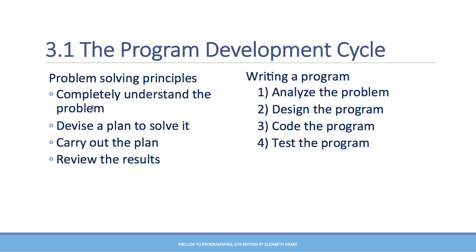Then, once you have the problem understood, devise a plan to solve it. Once you have a plan devised, carry out the plan. Okay, and I would actually say here, try to carry out the plan, because it probably won't work. Okay, and then lastly, you review the results of trying to carry out your plan.